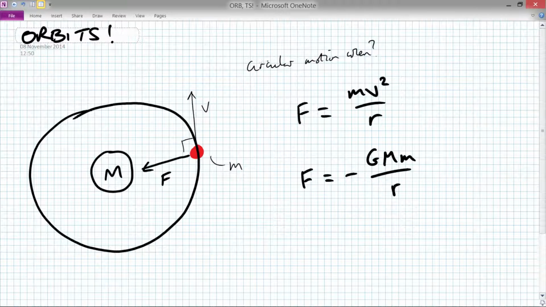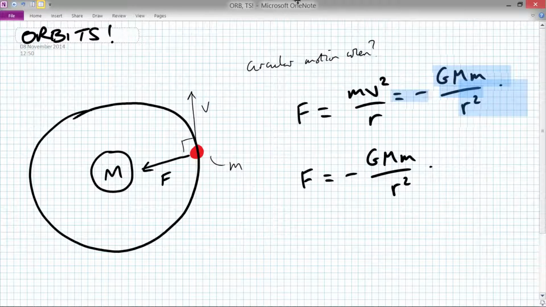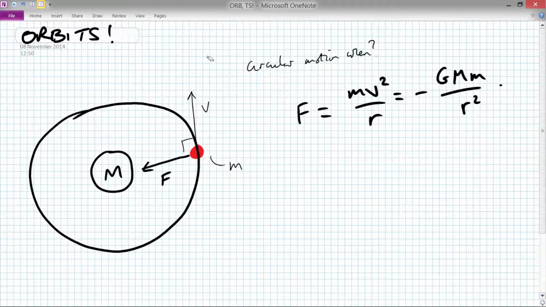So it's going to experience a force like this. And actually, this force and this force are exactly the same thing, so I can equate them. The centripetal force that this mass experiences is literally just the force due to gravity, because it's in the gravitational field of this bigger mass, M, at the centre of the circle. So now we have two forms of the same equation.